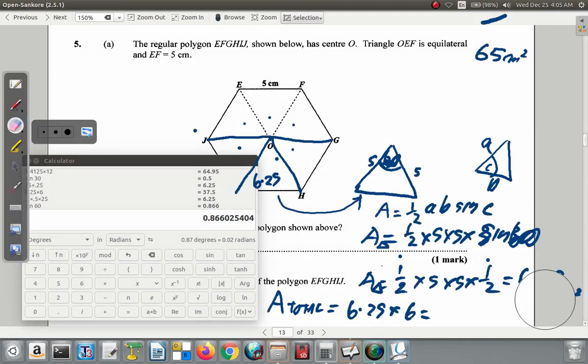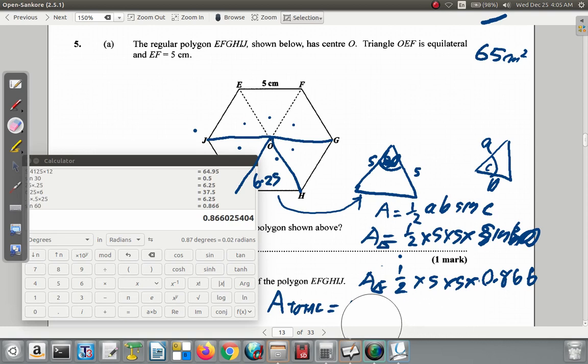Let's do a little erasing here. I didn't have my previous figures written down. I was trying to remember. So I had the 30 instead of the 60 degrees. So in this case, the proper working would have been half AB sine C, where in this case the sine of the angle is sine 60.